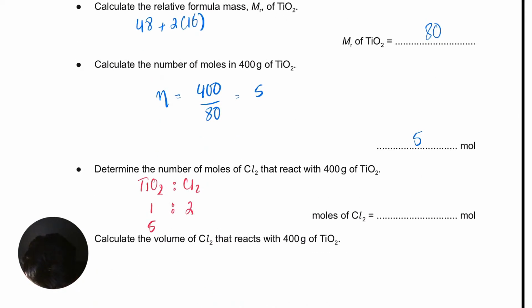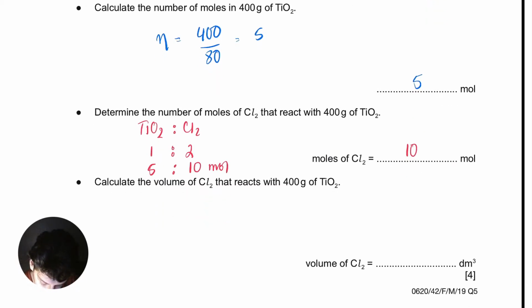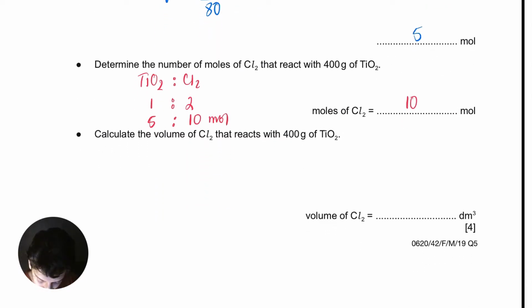If I have 5 moles over here, I'll have 10 moles of chlorine reacting. So the moles of chlorine are 10. So easy. I didn't even need my calculator for most of it. Calculate the volume of Cl2. Well, that's just going to be moles times 24 decimeter cube, which is 240.